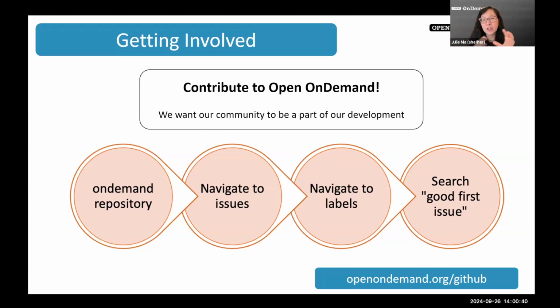So issues that you can contribute that don't necessarily need a complete understanding of the entire stack and the system, but would still be incredibly beneficial to the community if they get addressed in a timely manner. So if you're interested in participating in that way, you can go to our GitHub repo, navigate to issues, and then navigate to labels and search for the good first issue label. And you'll see a set of issues that have been identified that fall into that category. It's a good way to get your feet wet.